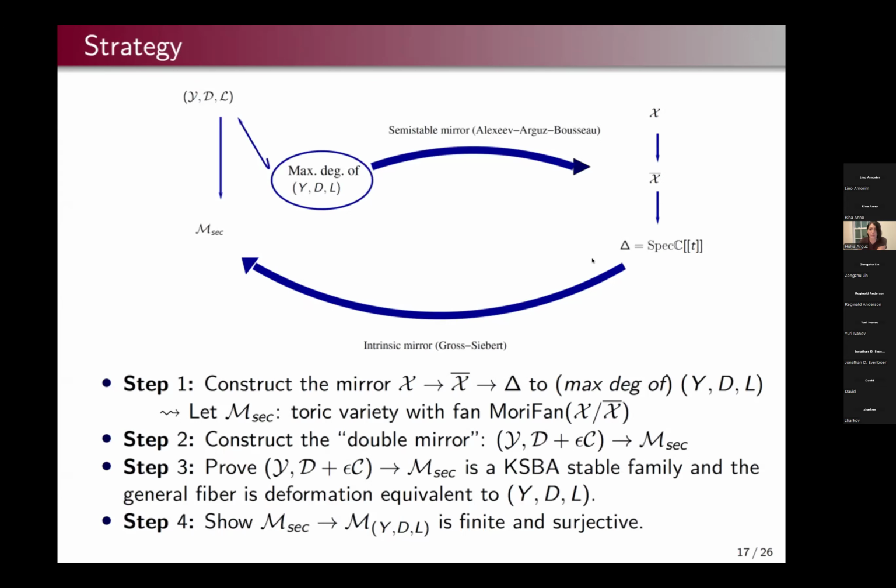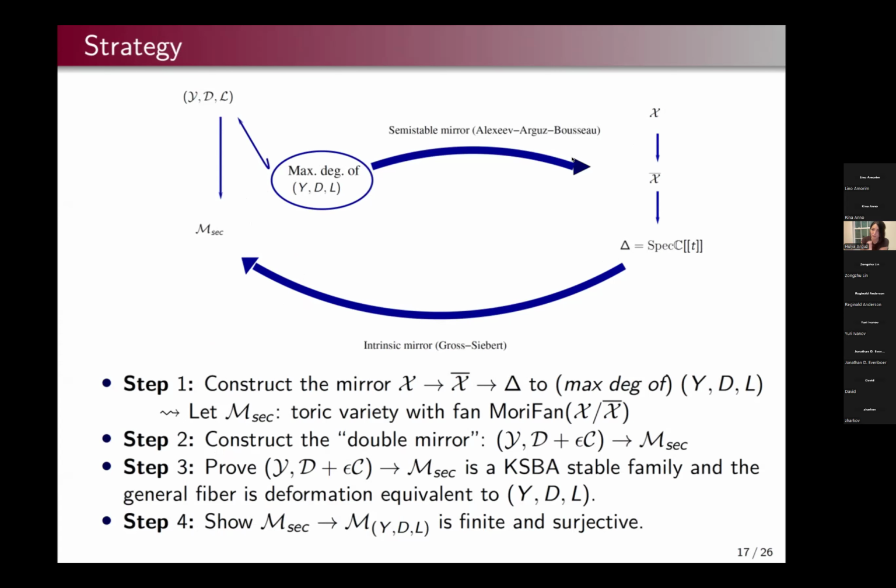But furthermore, if you believe that Gross-Siebert calls something a mirror, they didn't have a way to talk about the double mirror. So what we do is construct the inverse of the Gross-Siebert mirror, and we come back to where we are. Gross-Siebert has a mirror construction, but like the earlier mirror construction, like 20 years ago, they had a mirror construction for toric degenerations, and they could talk about double mirrors.